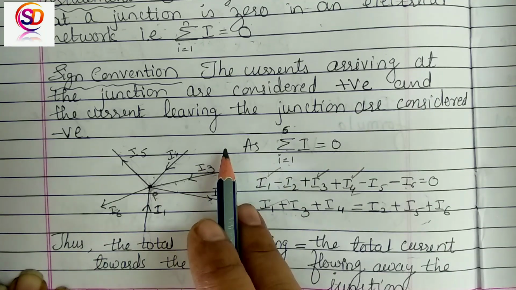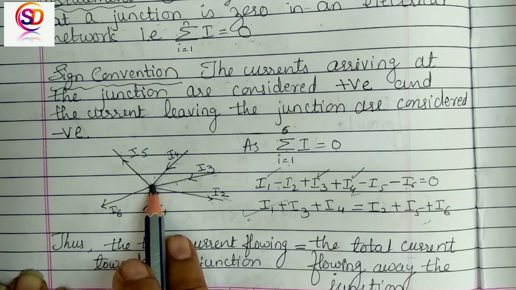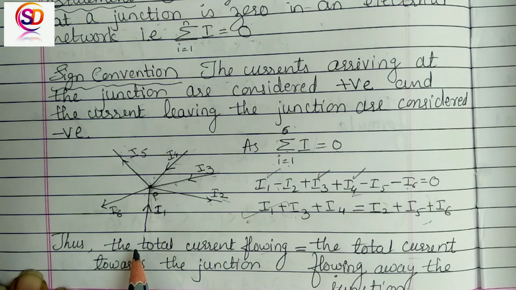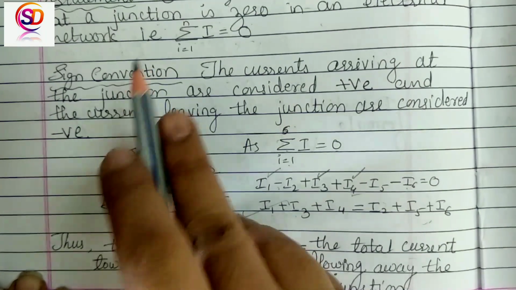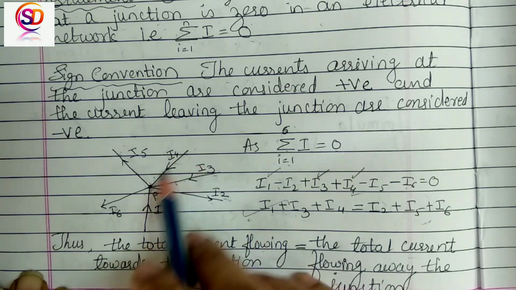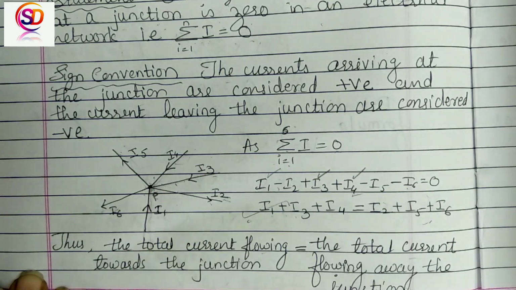Some charge is received per unit time due to the current arriving at the junction. For the conservation of charge, the same amount of charge must leave the junction per unit time, which leads to the law of current. In short, Kirchhoff's first law is based on the law of conservation of charge. The charges arriving at the junction must leave the junction.